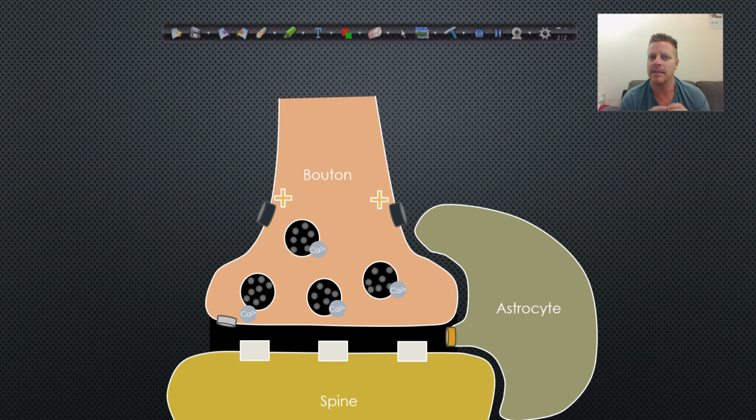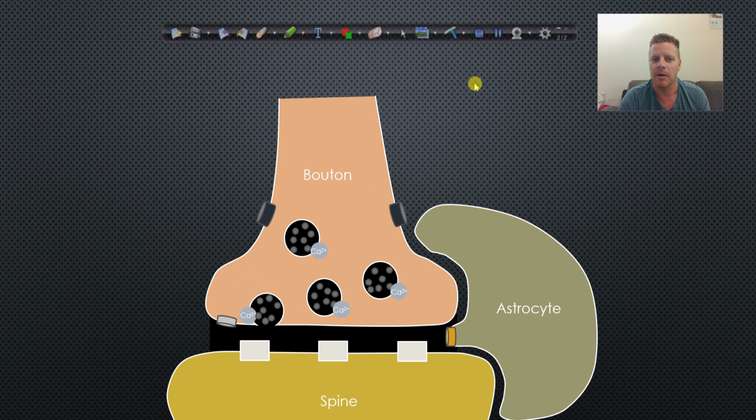These are small pockets within the axon terminal that contain neurotransmitter particles. And so the calcium ions, once bound to these synaptic vesicles, also bind the synaptic membrane and allow them to fuse together and release these neurotransmitters into the synaptic cleft.